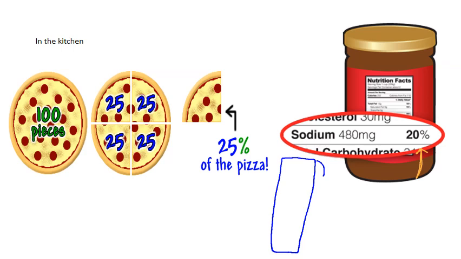So imagine that this tube shows 100% of your sodium intake. If we split it up 20, 40, 60, 80, 100, okay? So by eating the peanut butter, that means that you've used up 20% of your sodium intake.